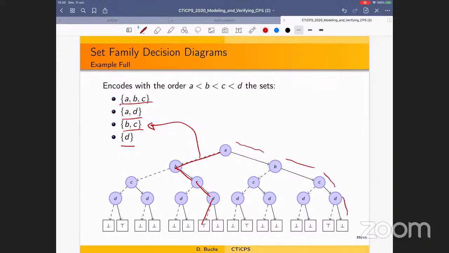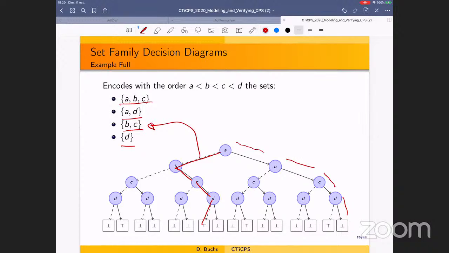So this one means, as it is bottom, that it is not included in the family of sets. Okay, but if you look at the path here, A, B, C, D, and not D here, in fact.